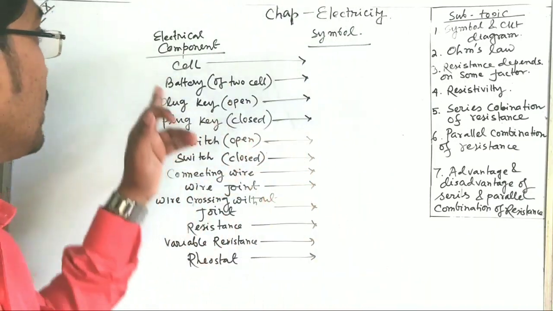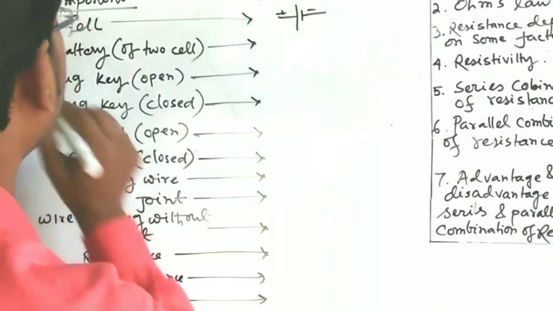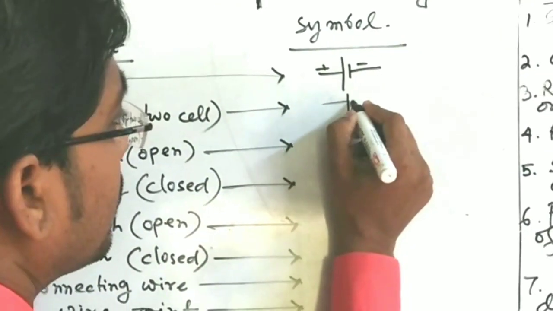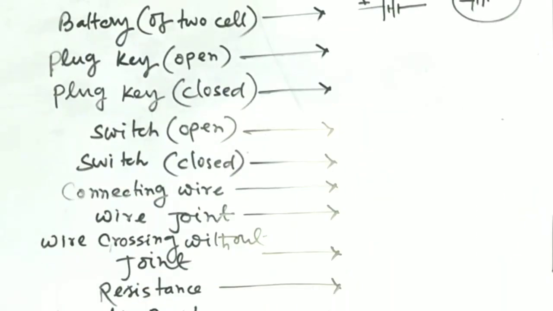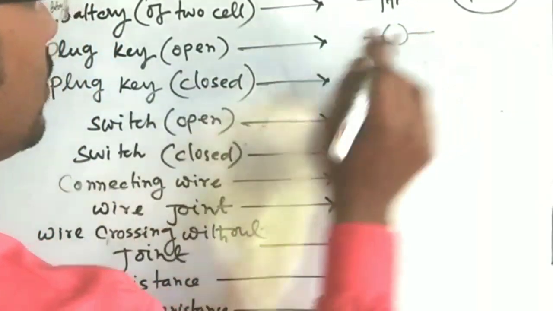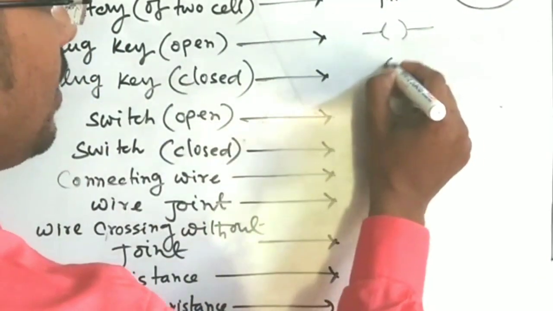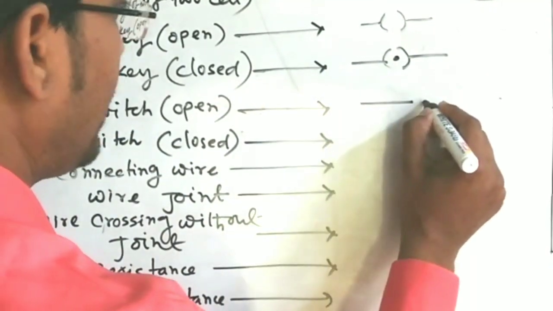So first of all, cell, it will be like that. Then it will be battery of 2 cells. Now plug key will be like that, that is open. Now plug key, that is closed. Now switch, that is open.